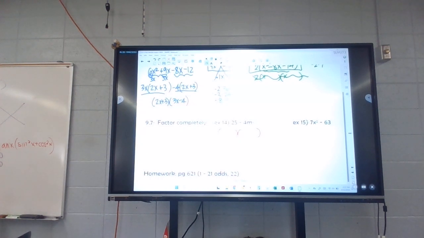What times what gives me 25? 5 and 5. Then something times itself is going to give me 4m to the second. 2m and 2m. And then we just put a plus and minus between them. So this one's called difference of squares. You don't have to know that name, but it's that first column there.